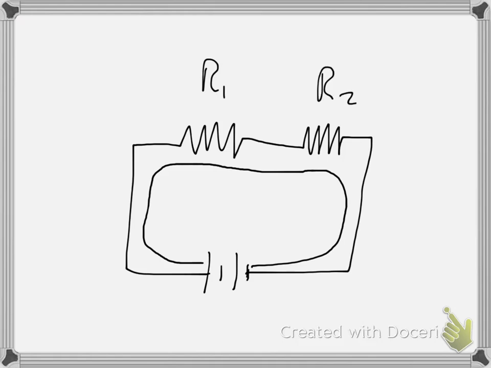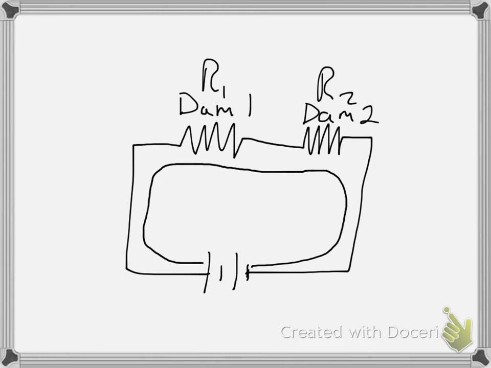Now if we were to look at this in the pipe flow model that we looked at in the last video, this would be dam 1 and this would be dam 2, and both of these dams are going to work together to limit the current flow. So both resistors work together to limit the current flow.